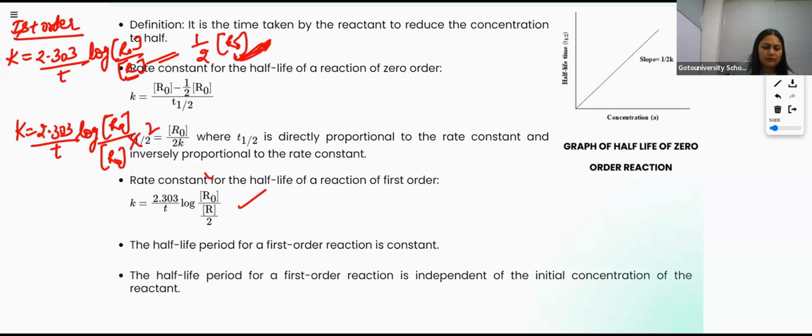Then t half will become 2.303 by K, and the value of the log is log 2.